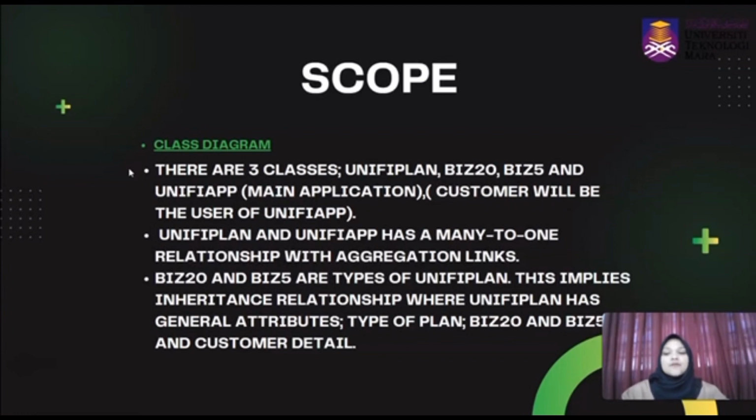And lastly, BIS20 and BIS5 are types of Unified Plan. This implies an inheritance relationship where Unified Plan has general attributes like types of plan, which are BIS20 and BIS5, and customer details. So that's all about the class diagram scope.